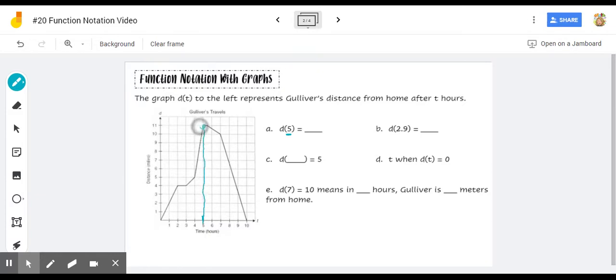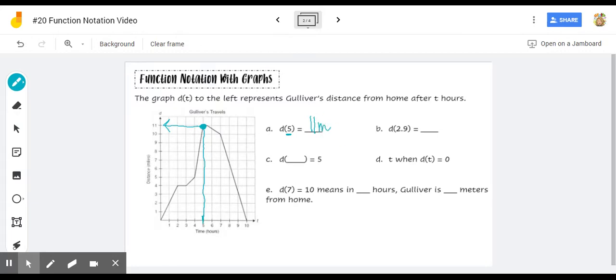So we're going to come up, and we notice that right here at this top corner shows how much distance he has covered. So over here, we are going to look at what is that output value. So that output value is 11 meters from home.